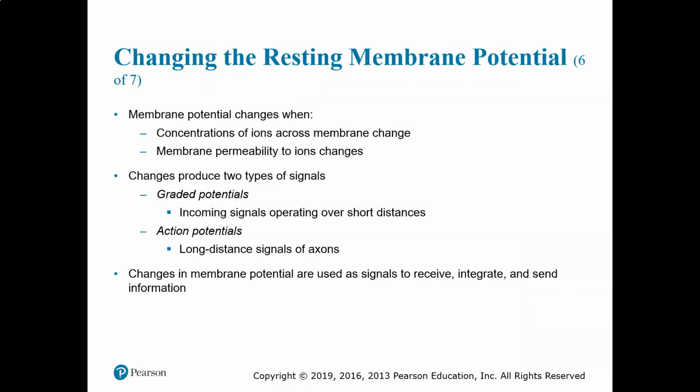All right, now the big thing is in the nervous system, we need the resting membrane potential to change. We need it to change either to a graded potential or an action potential. We need it to change from -70 to a more positive value if we want it to lead to an action potential. Okay, so you can have a graded potential on the dendrites or the cell body.